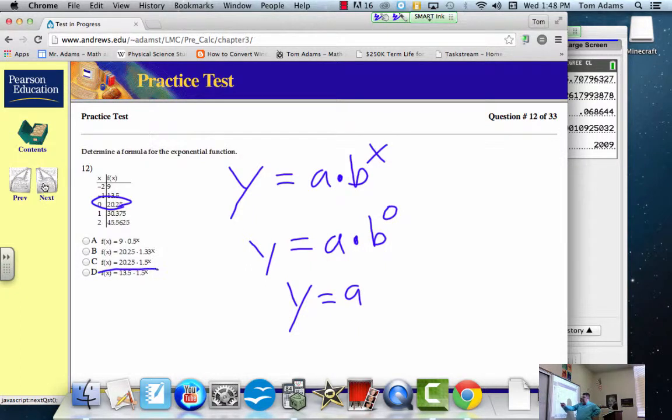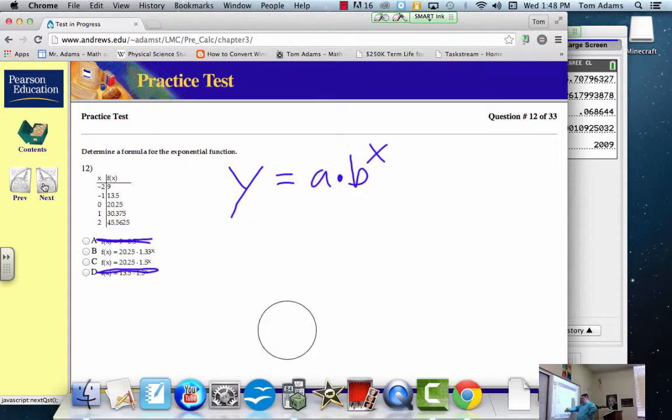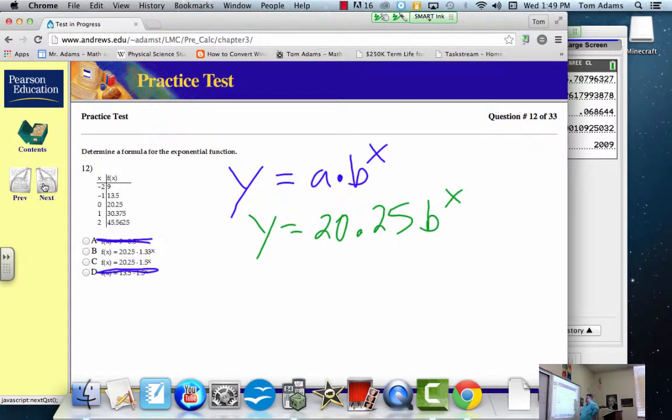So it's not this one, and it's not this one. Now you could pick any point on the line over here and plug it in. So we know what a is, right? What's a? 20.25 times b to the x, right? Now we just got to solve for b. Well, we can pick out any one of these values and then work backwards, right?